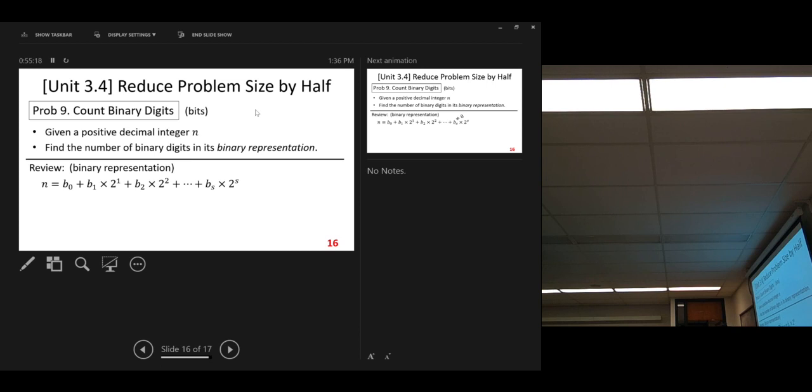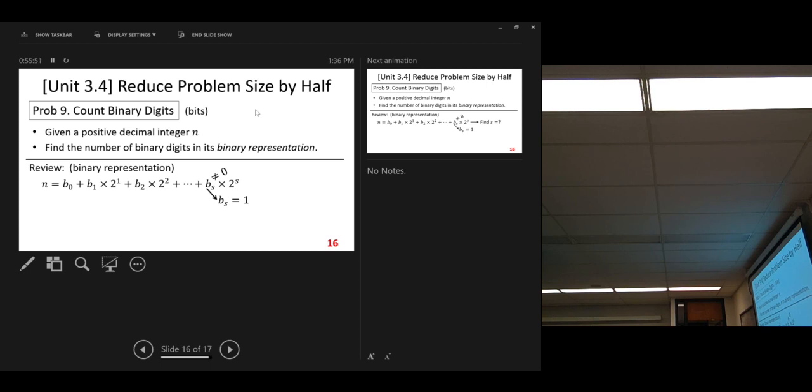The base is 2. Based on the position, all your bits are only 1 or 0, but the highest bit cannot be 0. The highest bit has to be 1. Otherwise, you do not count that term; you go to the next term. That's the binary representation.